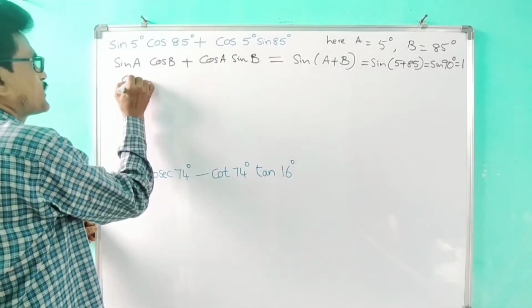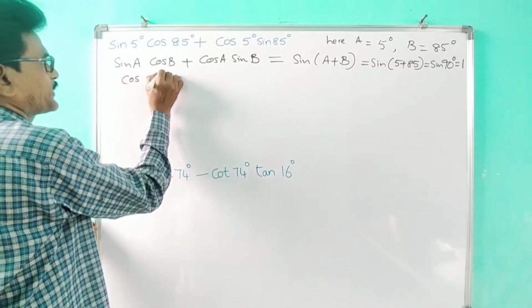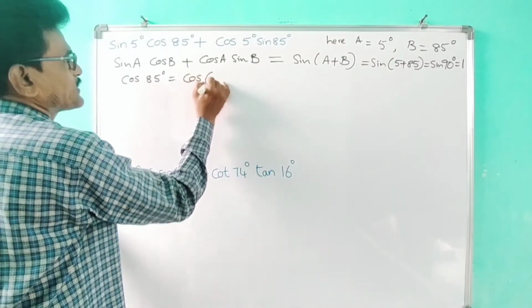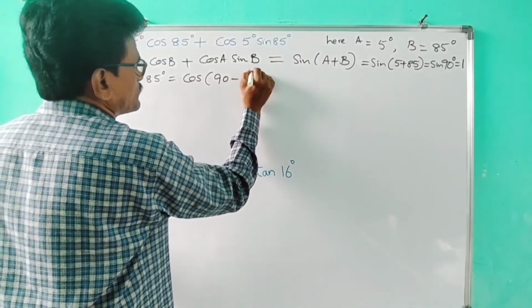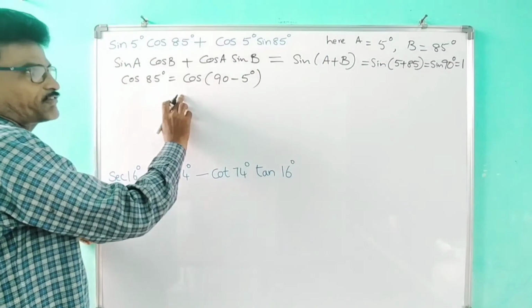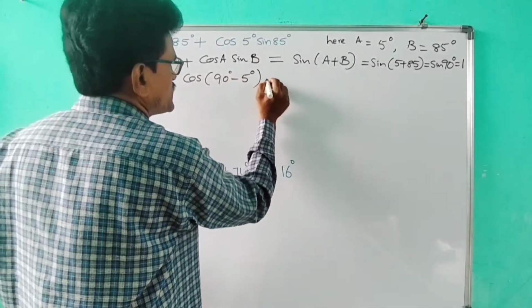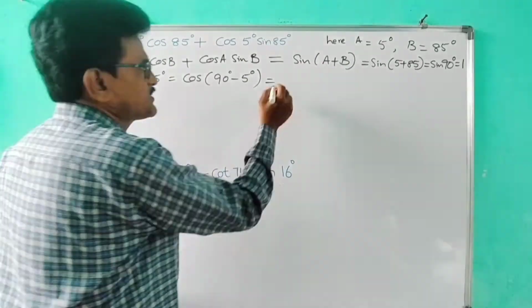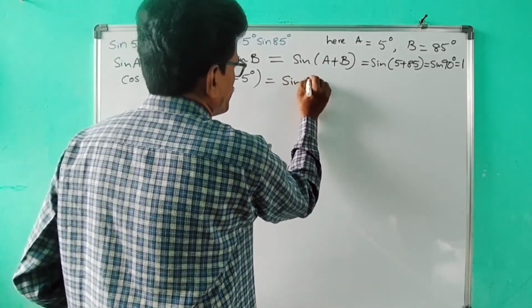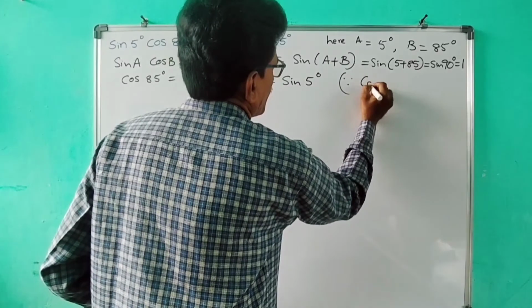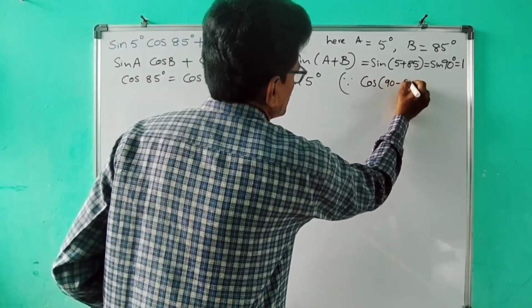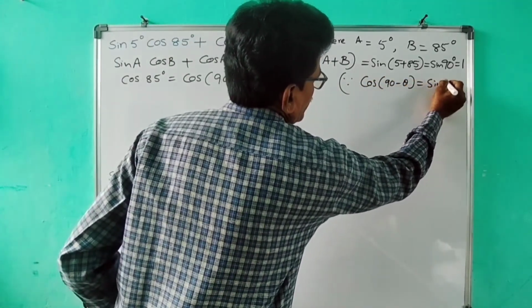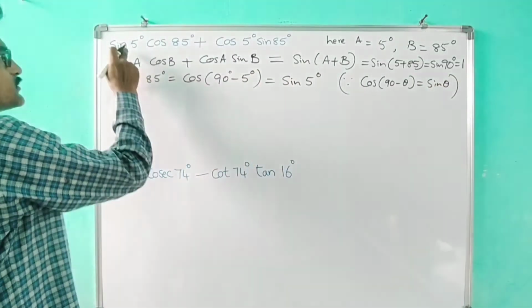So for that I am changing cos 85 degrees as cos(90 minus 5) degrees. Cos 85 is nothing but cos(90 minus 5) degrees. Cos(90 minus theta) is sin theta, so this is sin 5 degrees. Now this is sin square 5.